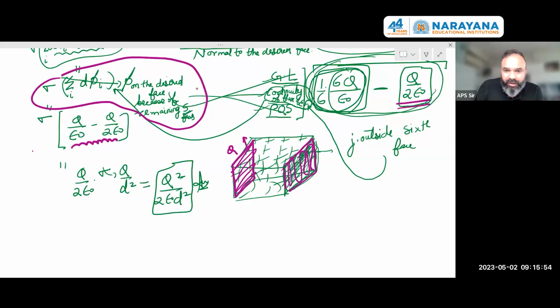Now, Avinash, if you say the flux here because of remaining 5 is q by 2 epsilon naught, you have thought upon like from the top surface, the bottom surface, their effect, this surface, their effect. My only point is, are you trying to make the statement that top and bottom will cancel in flux and this will cancel? Is it what you are saying, if I'm getting right?